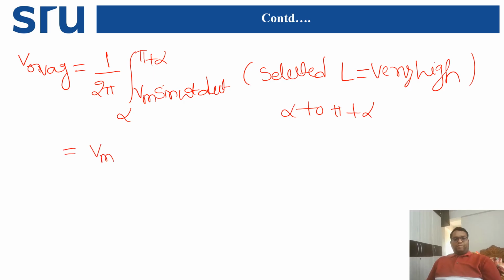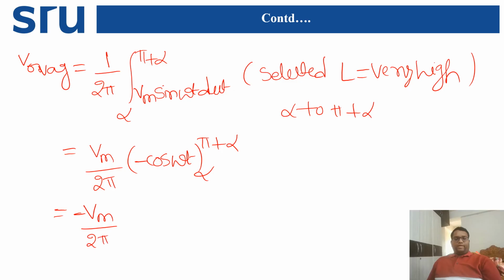Now Vm by 2 pi integration of sine theta. What is the integration of sine theta? Minus cos omega t. Apply both the limits, pi plus alpha. Here, if you take the minus outside, minus Vm by 2 pi cos omega t, from alpha to pi plus alpha.